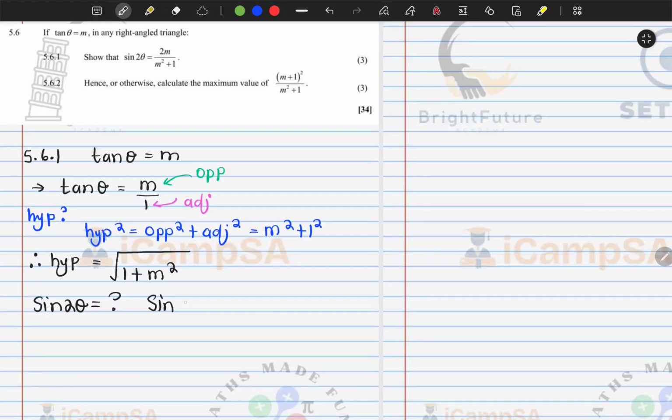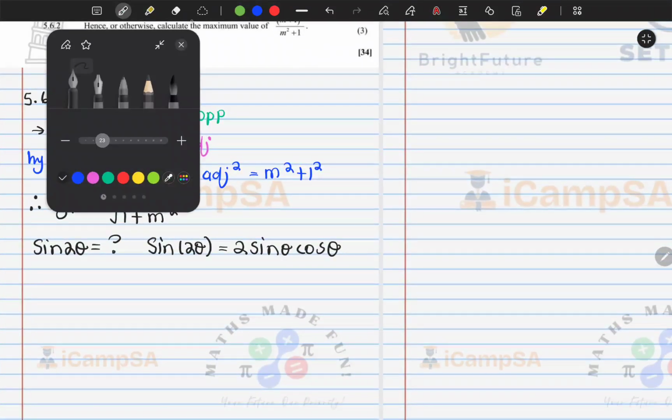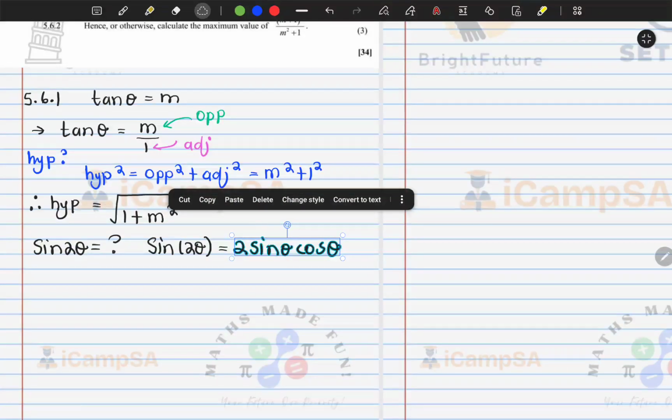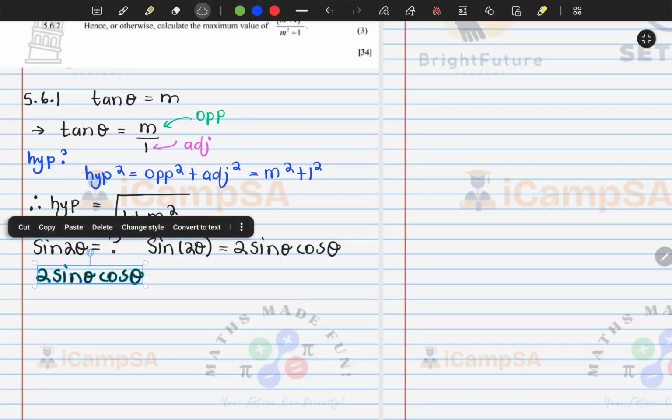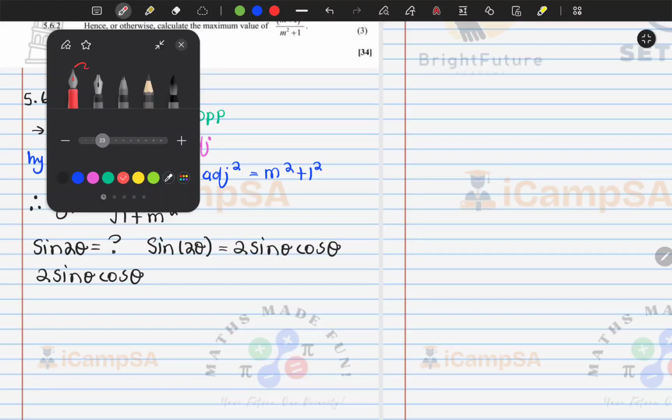But what I need you to remember is that sine of 2 theta, according to your double angle expressions, is 2 sine of theta cos of theta. Okay. And we can go ahead and figure this out. What is 2 sine of theta cos of theta?